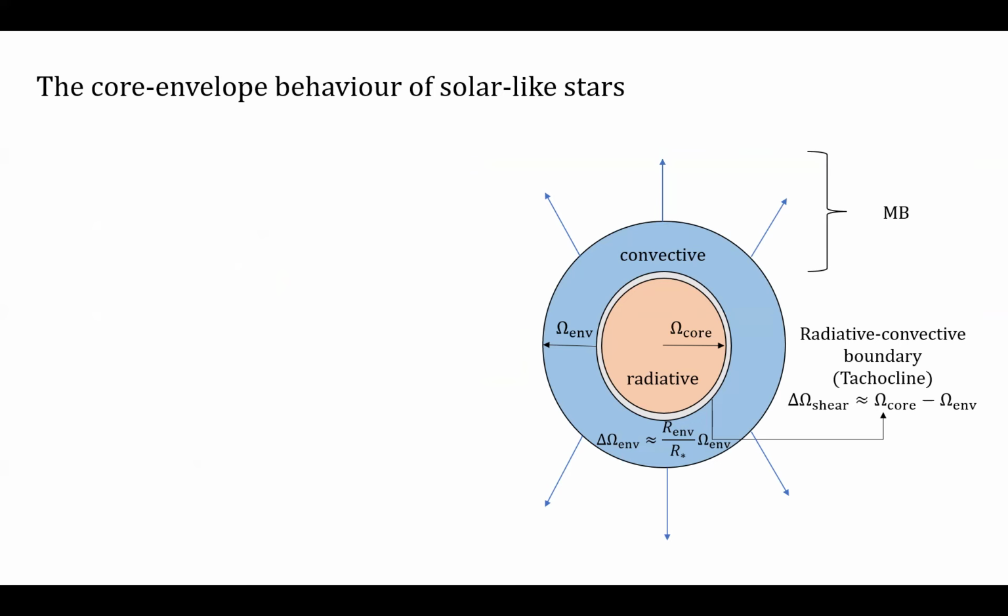So this is how we model it. We model it again with a two-zone model, very simple. The envelope rotates as a solid body with omega_env. The core rotates as a solid body again with omega_core, and there is shear at the radiative convective boundary, whose magnitude is given by the difference in the core and the envelope spin. The shear acts as a mechanism for transport of internal angular momentum.